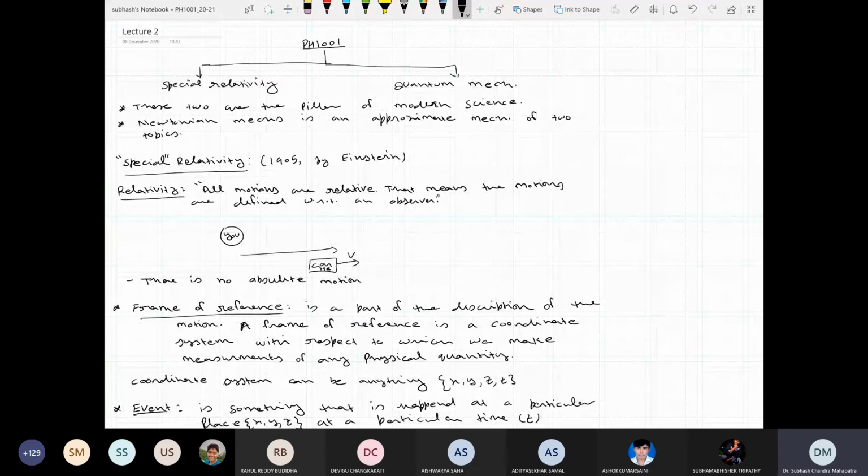If you have a non-inertial, accelerating frame, that corresponds to gravity. When you generalize our idea of constant velocity to acceleration, that gives you gravity. We will not discuss general relativity, only special relativity. The word special is for constant velocity.